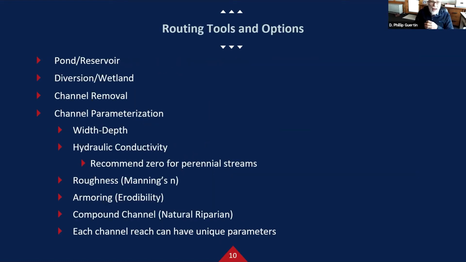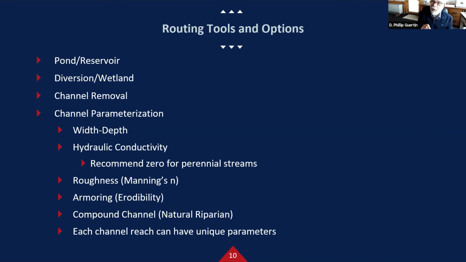We have a suite of tools that we can use to affect routing. As Dave talked about, we can insert a pond on a drainage system. So we route into the pond and then out of the pond. We can create diversions and wetlands. We can remove a channel.